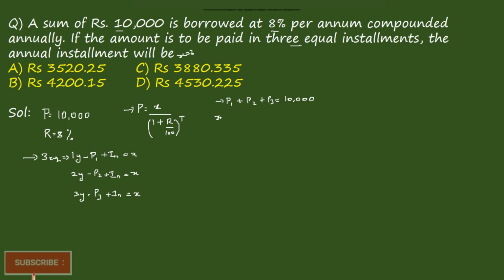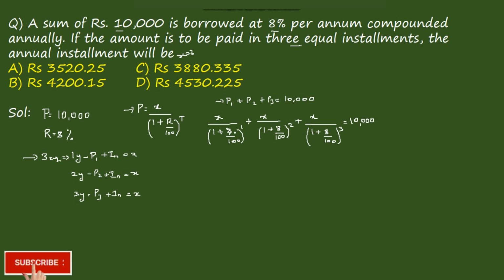P1 is x by (1 plus 8 by 100), 1 year. P2 is 2 years, so it becomes x by (1 plus 8 by 100) whole square. P3 is 3 years, so it becomes x by (1 plus 8 by 100) whole cube, which is equal to 10,000.